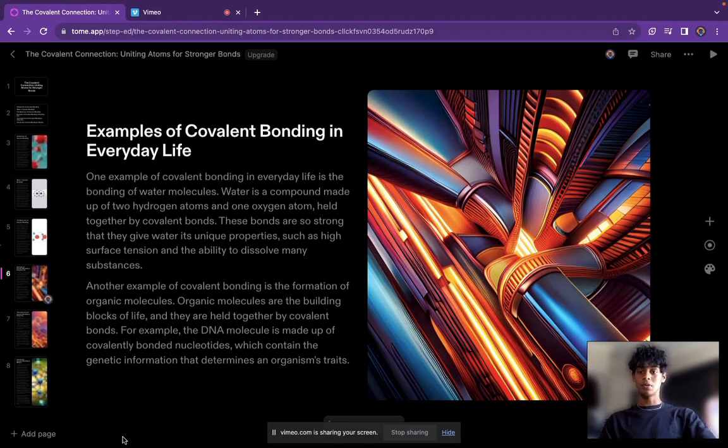Another example of covalent bonding is the formation of organic molecules. Organic molecules are the building blocks of life, and they are held together by covalent bonds. For example, a DNA molecule is made up of covalently bonded nucleotides, which contain the genetic information that determines an organism's traits.